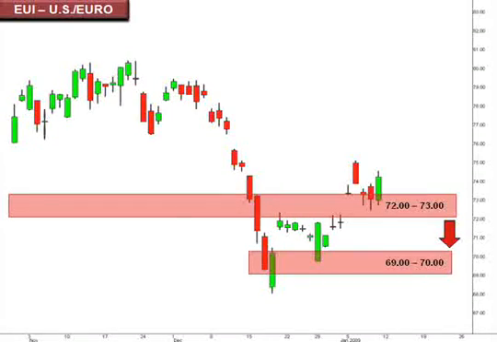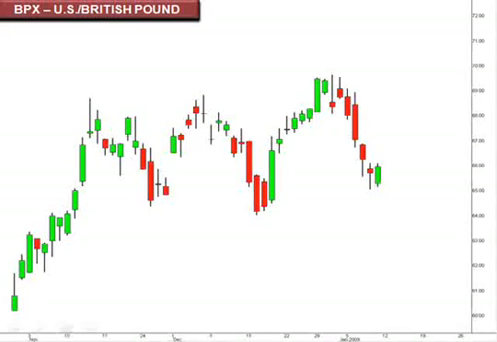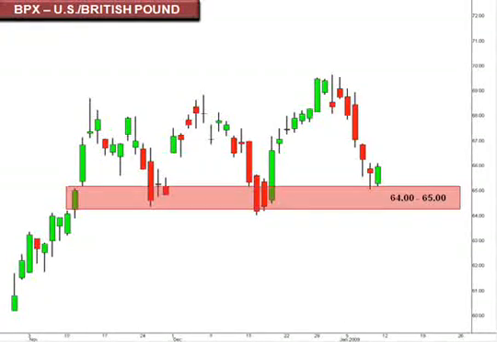Well, we had a bit of a fake out in the BPX, the U.S. versus the British pound. Now, last week we anticipated that a break above 69 would likely see a play into that 71-72 focal zone. Unfortunately, what we saw was perhaps the most aggressive of the pair value moves this week, which brought us down all the way into the lower focal zone identified between 64-65.